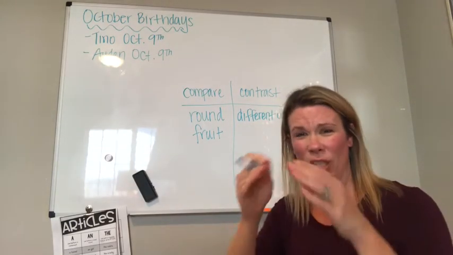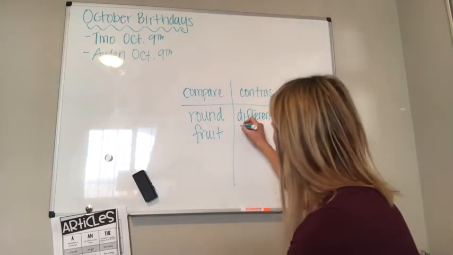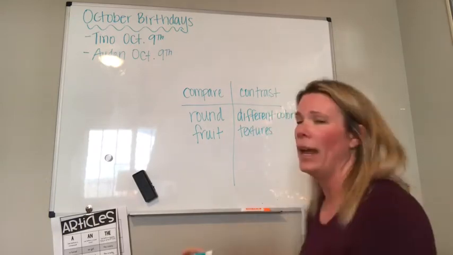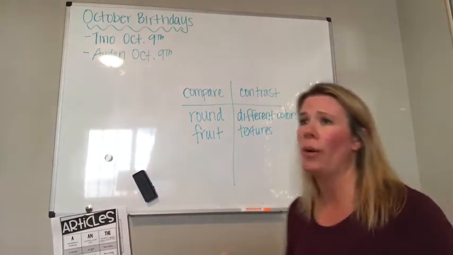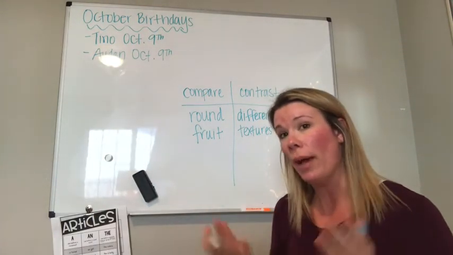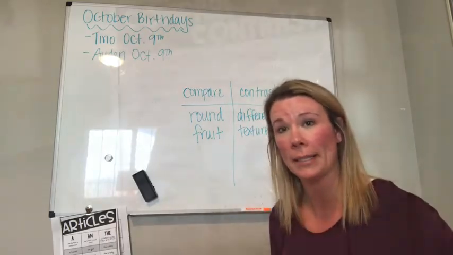Well, the texture, the feeling of them, right, are different. So the textures of an apple and an orange are different. So an apple is more smooth, whereas an orange is more rough. So that is how we compare and contrast two things.